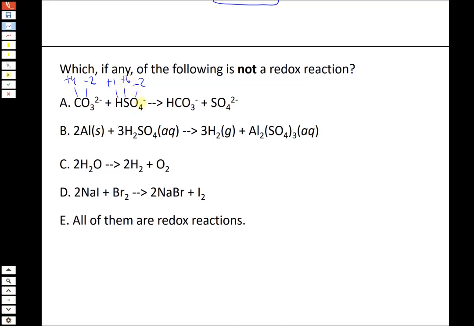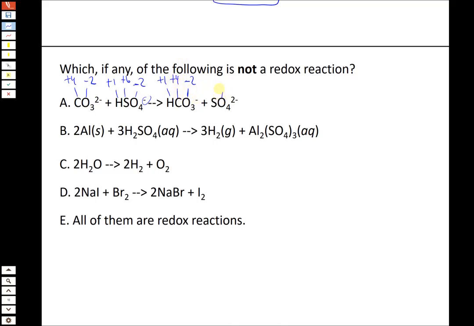We have 4 -2s is -8, +1 is -7, +6 is going to be -1, which is the total charge. Hard to see there. And then HCO3 minus, we're going to have -2 for oxygen, +1 for hydrogen. So we have 3 -2s is -6, +1 is -5. The whole thing needs to add up to -1, so it's going to be +4 for carbon.